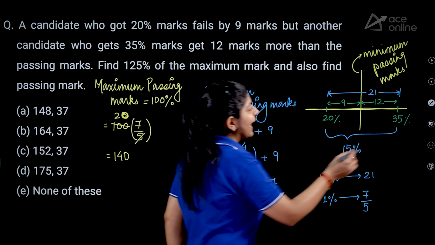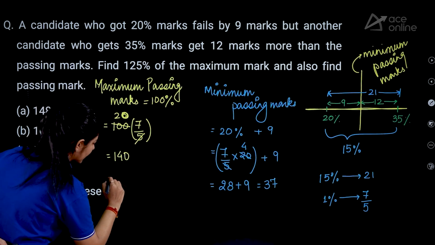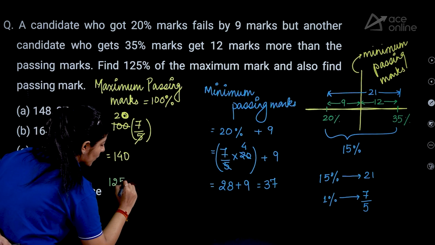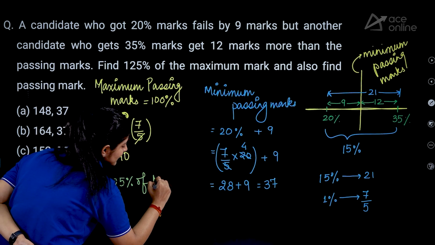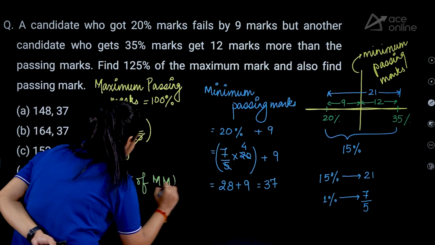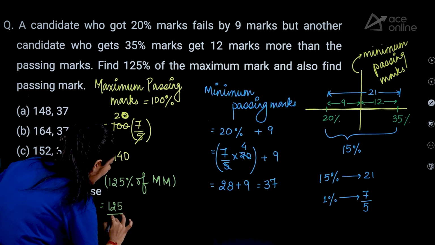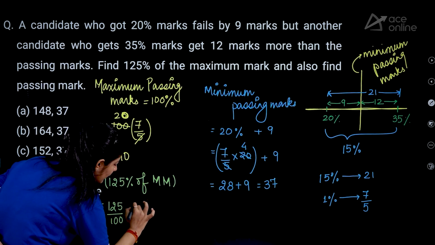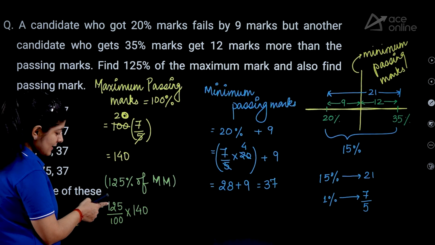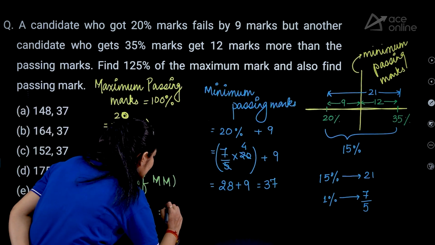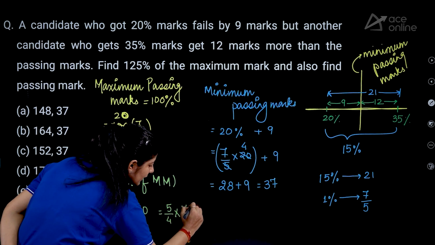So 125% of maximum marks is equal to 125 by 100 into 140. This is nothing but the 5/4 ratio, so we can write it like 5/4 into 140.